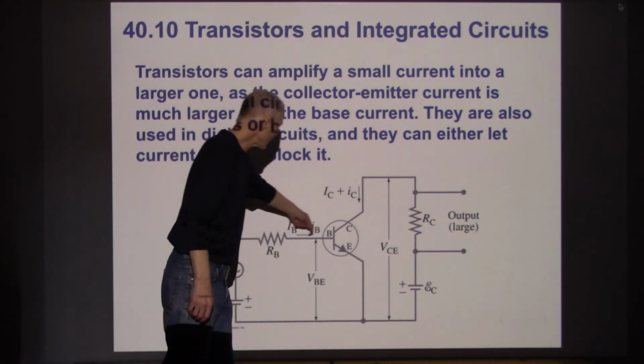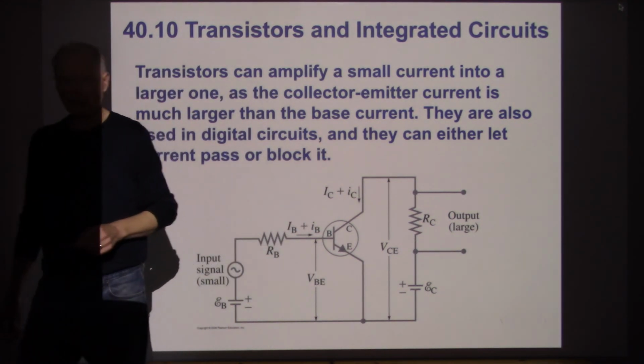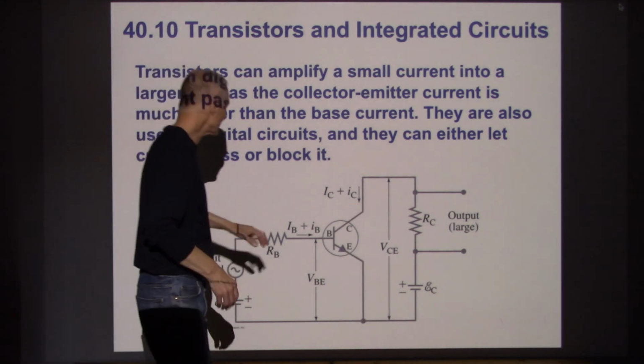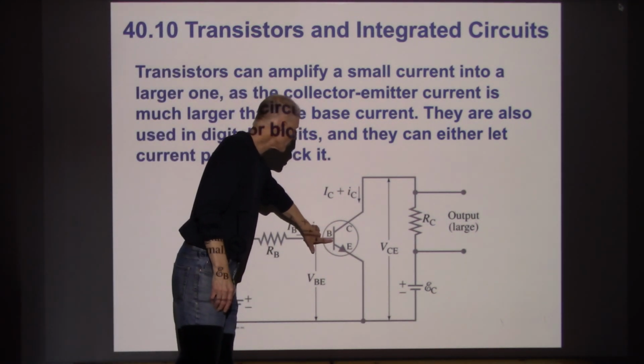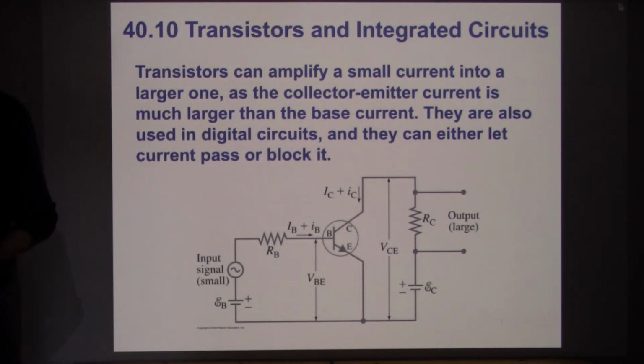So whatever signal shows up at the base will control what goes out through the collector, and we can use our voltage sources to create a scaled up current pattern. So we can take a signal that's coming in through the transistor and create a larger signal coming through the other portions of the transistor.